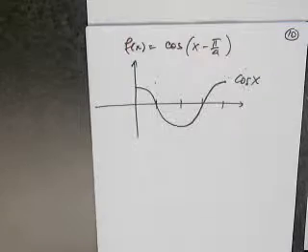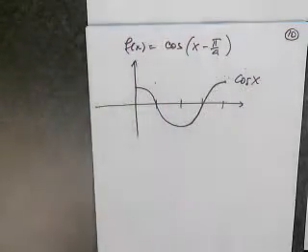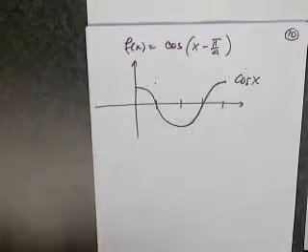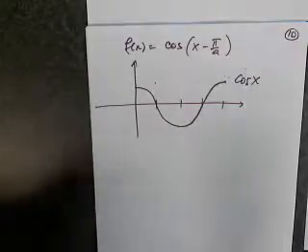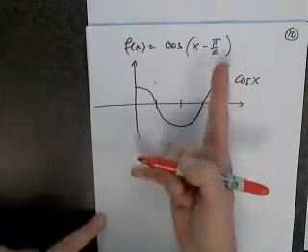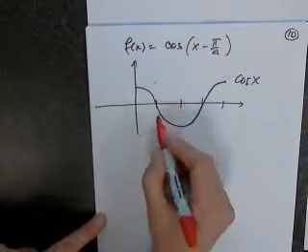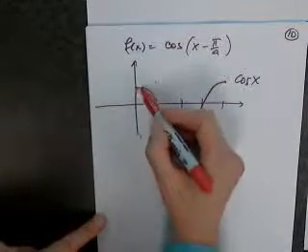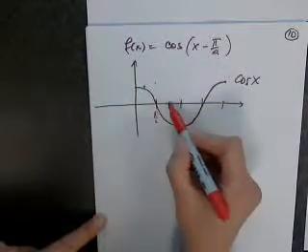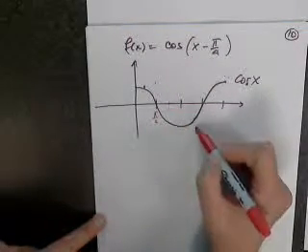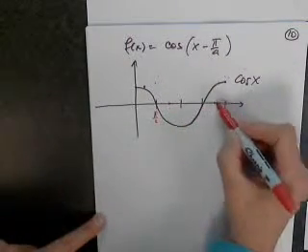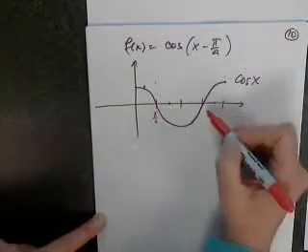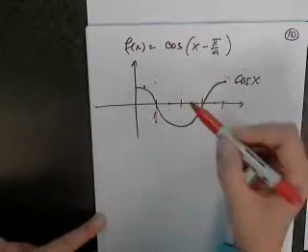So how will I graph this function? Where does it go? Go to the right 1. To the right? Yes, so this is pi over 2. So this point only moves halfway. This point moves halfway, this point moves halfway, and this point moves halfway.